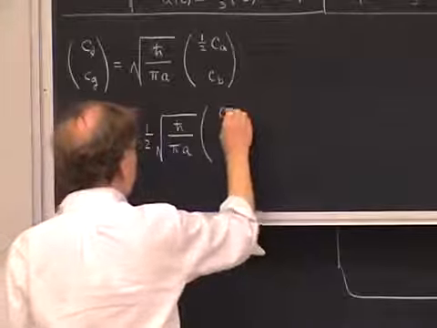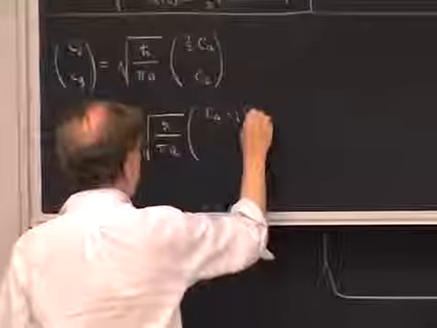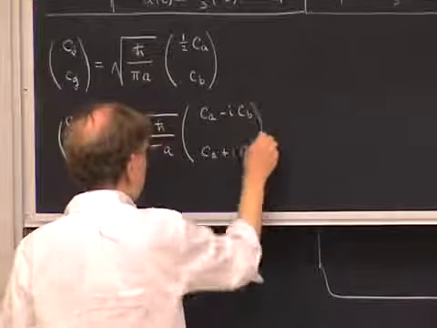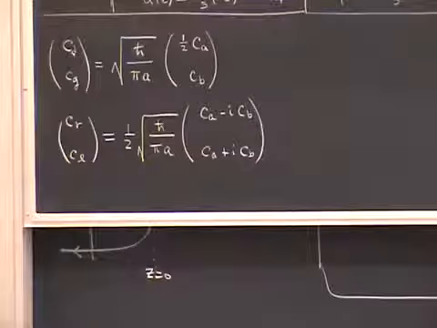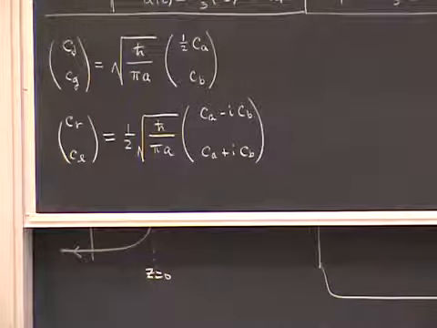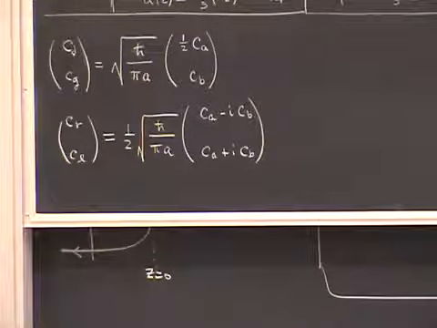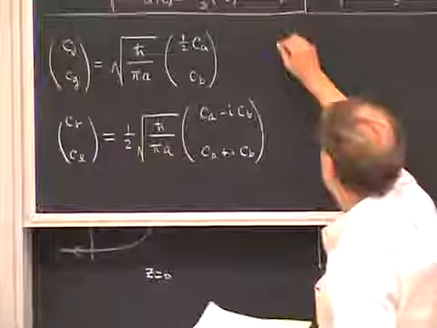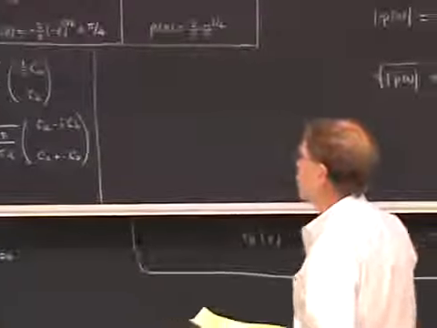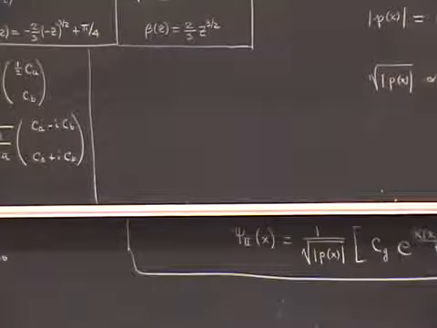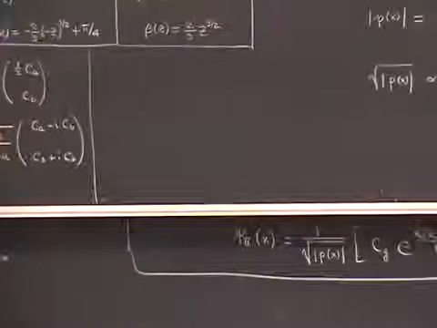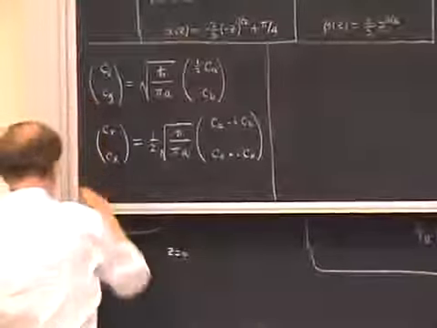And then what we get is C Airy minus i C Bairy on top and C Airy plus i C Bairy on the bottom. We probably aren't so interested in the Airy and Bairy coefficients. We're really interested in the right and left and the growing and the damped. And if we put those together, just by eliminating the Airy and Bairy coefficients in this, we can find connections between the right and left and the growing and damped coefficients.